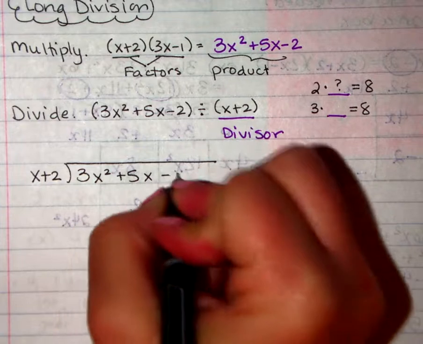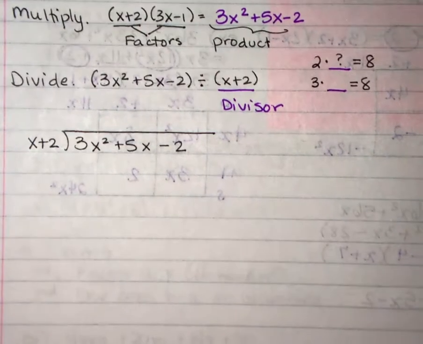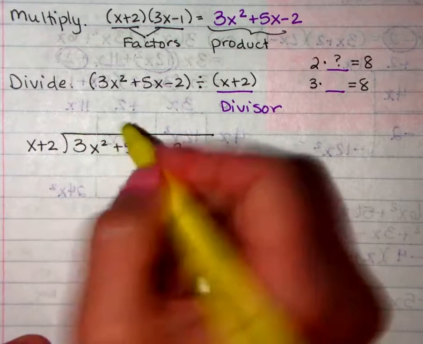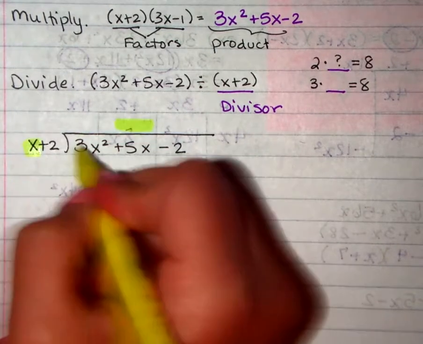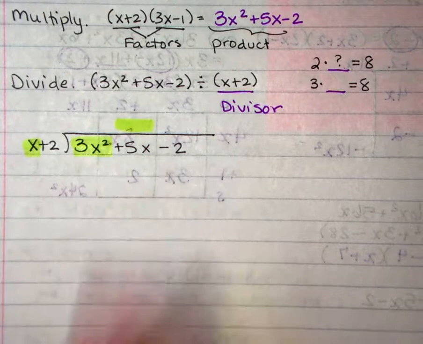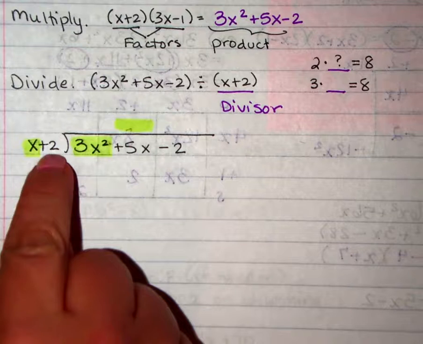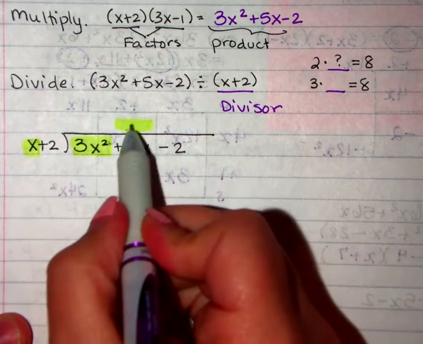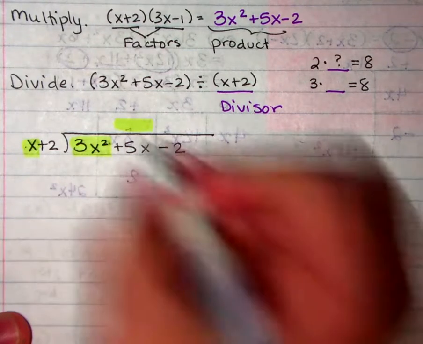Now, when we do this, what we are asking ourselves is, can I put something times x to give me 3x squared? I don't want to worry at the moment about the plus 2 sitting here. I just want to ask, can I multiply something times x to get 3x squared? And yes, I can. If I take 3x and multiply that times x, I will get 3x squared.